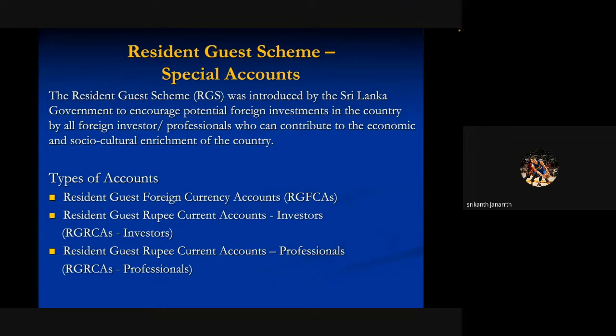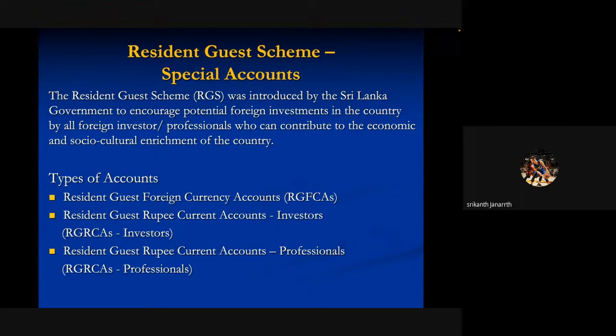Simple as that. Then you have the resident guest scheme special account. What do I mean by resident guest scheme special account? This is to introduce Sri Lanka and encourage potential foreign investors. Now see, when a country's situation is not good, Sri Lankan people want to migrate. There is one way of migration. When you look at the websites of Canada and Australia, they will say business visa or investment visa.